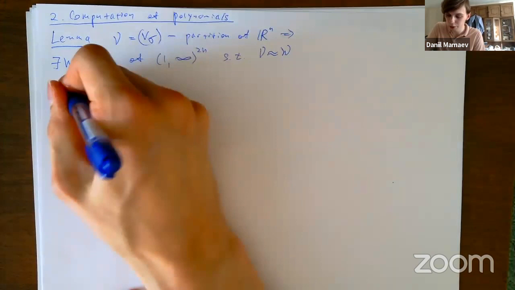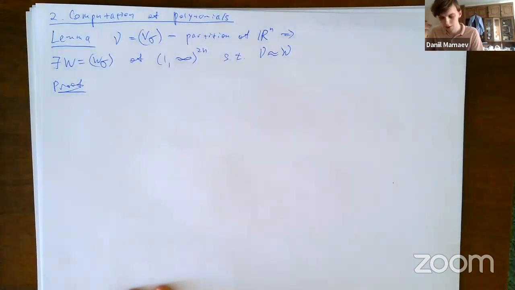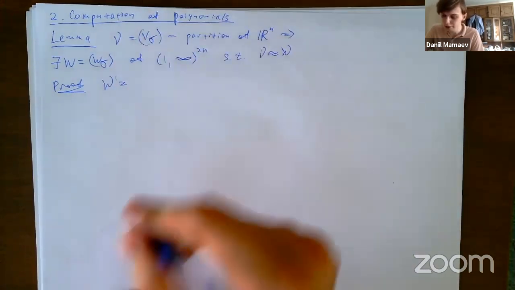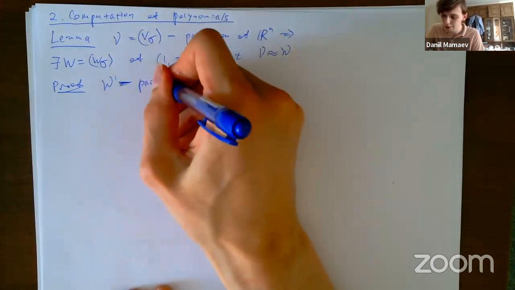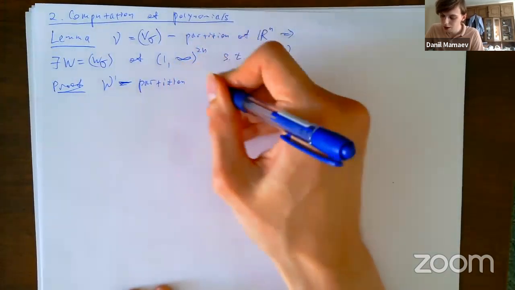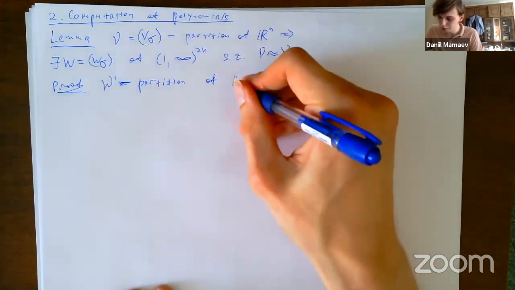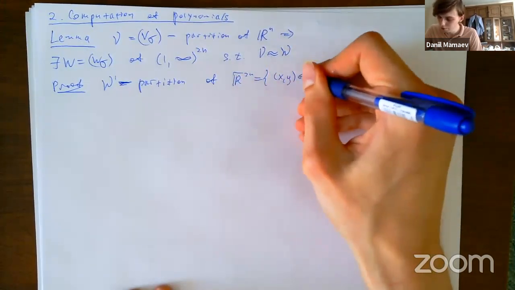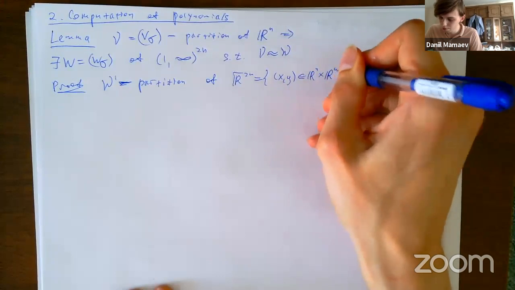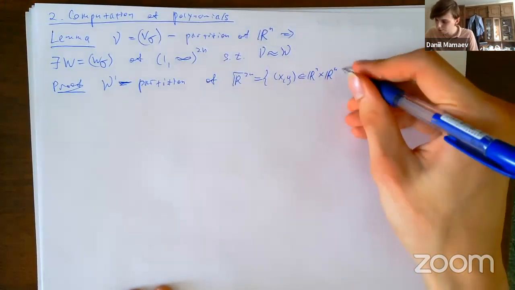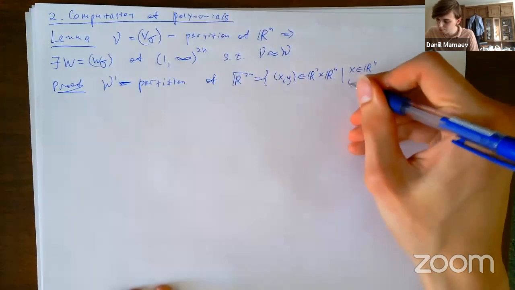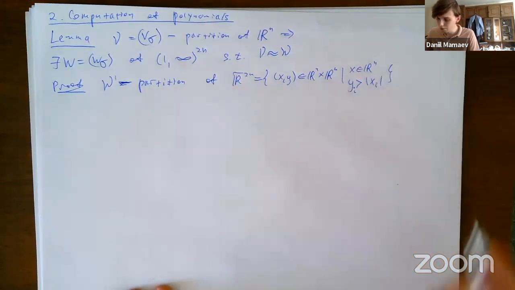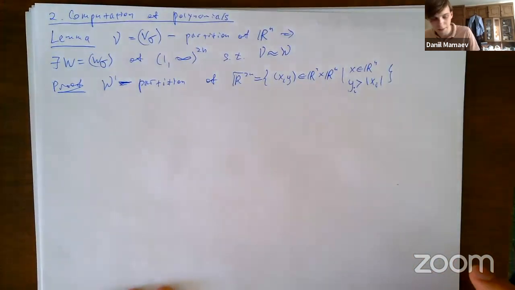How to prove it? First, we define an intermediate partition. It's a partition of the following set. It's a basic primary semi-algebraic set.